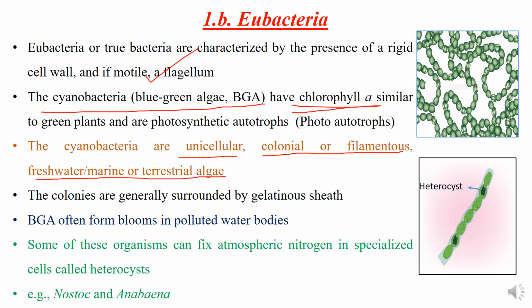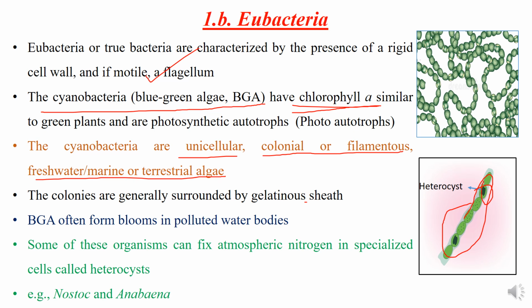The colonies are generally surrounded by a gelatinous sheath. Here you can see the gelatinous sheath around the filaments, and here one heterocyst also used to be there. A heterocyst is a cell that is different from the other cells, a thick-walled structure.